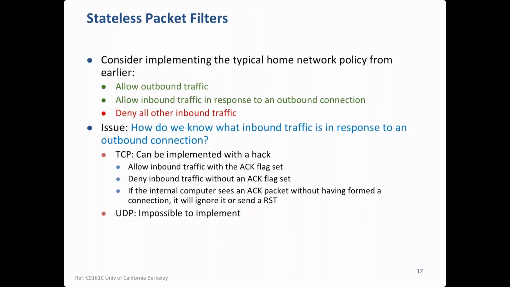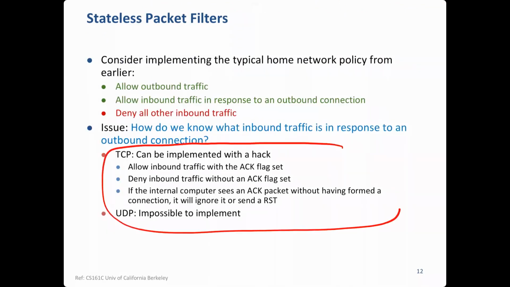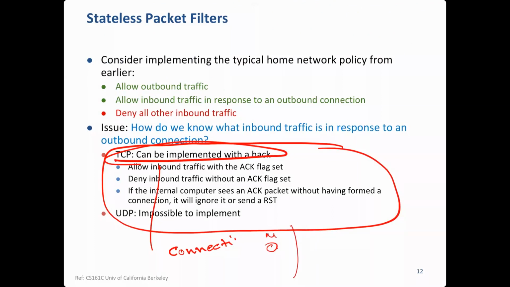Now if we have something like TCP, which is connection oriented, basically when we say connection, it means a machine inside the network will request a connection to a server, which could be outside, and the server will respond back with acceptance of the connection, then data exchange happens, and then the connection is broken.